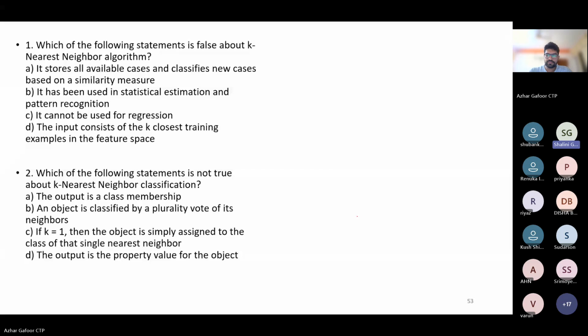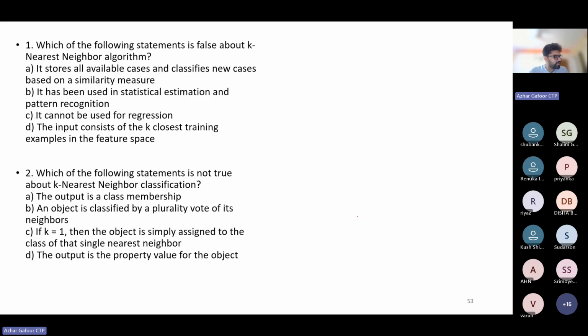Okay, sir. Thank you. Which of the following statements is false about the k nearest neighbor algorithm? B. Sir, is it B?